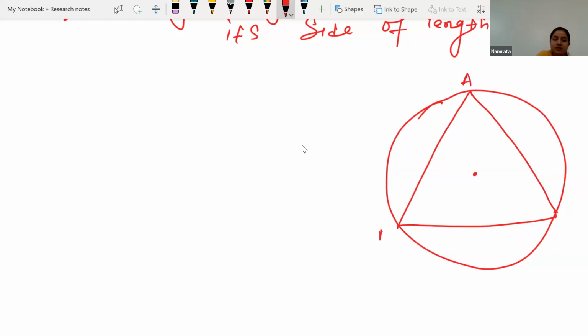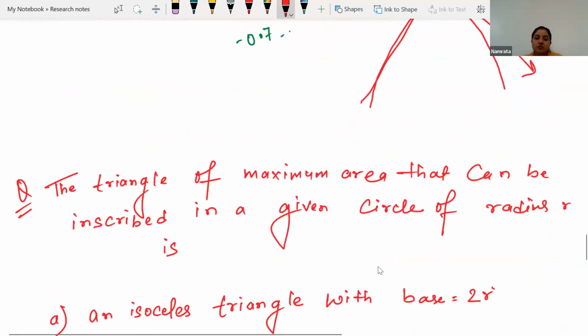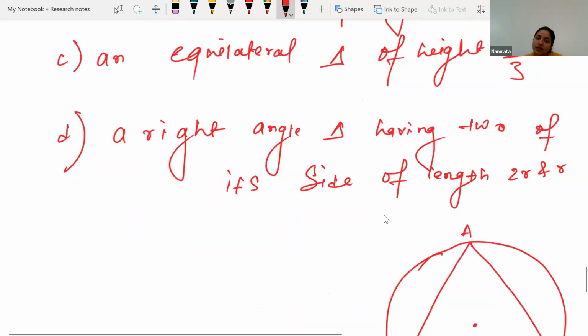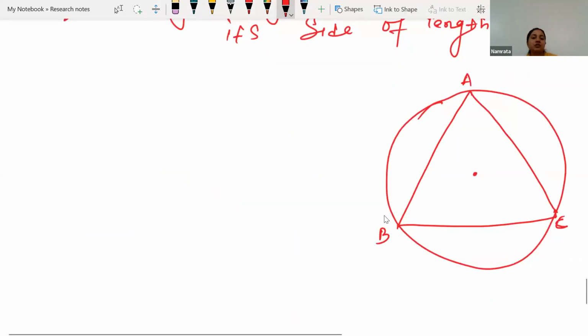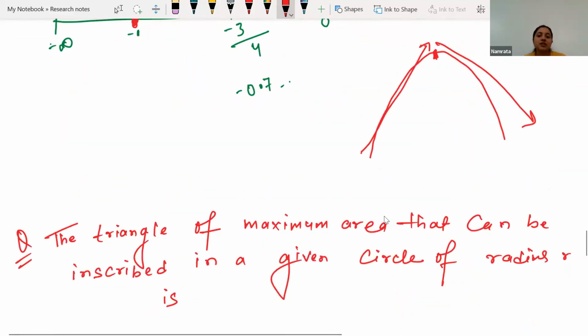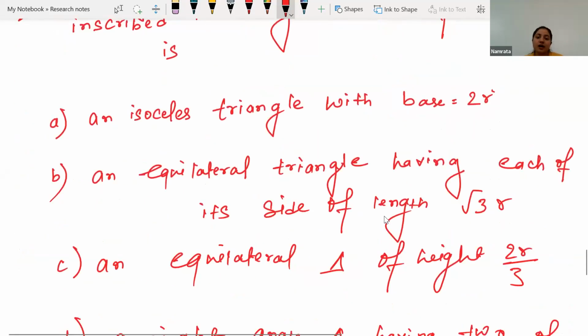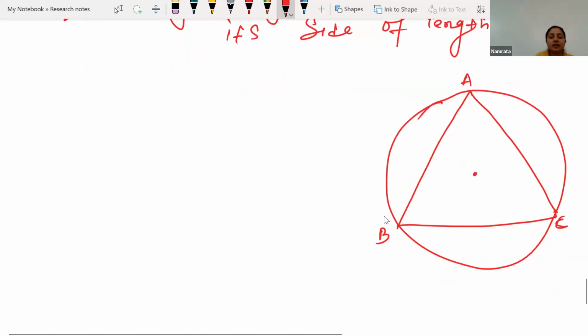Let's say ABC is the triangle. Now we have to maximize the area. We don't know which type of triangle we have: isosceles, equilateral, or right angle. No other information is given apart from the radius R.